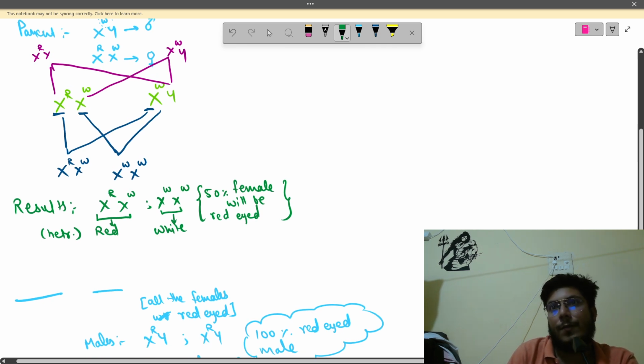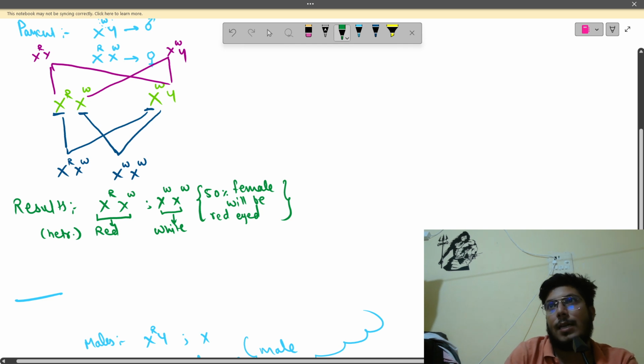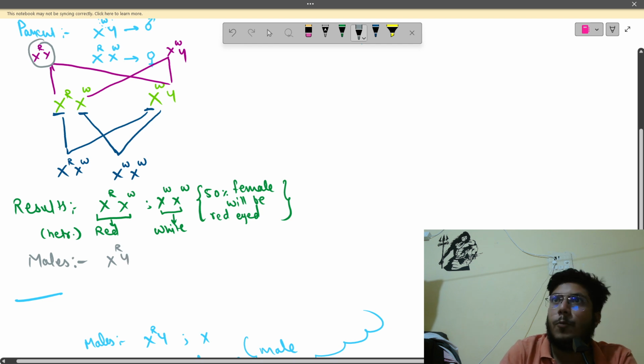And for males, what are we going to conclude? For males, I am going to use a different color for results. One of the males has this genotype XRY, and one of the males has this genotype XWY.